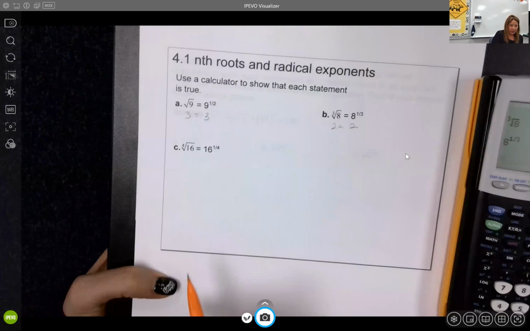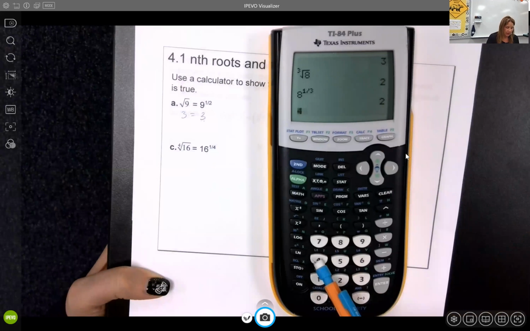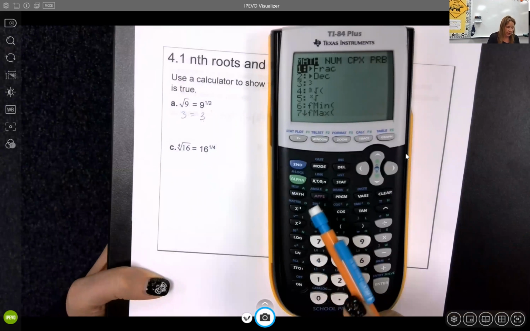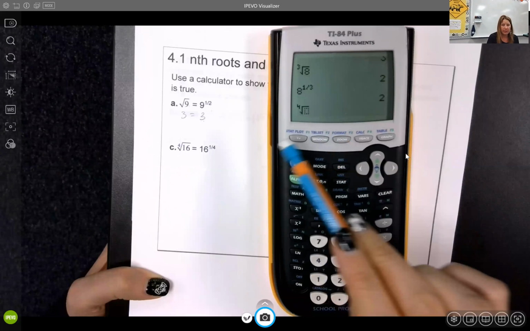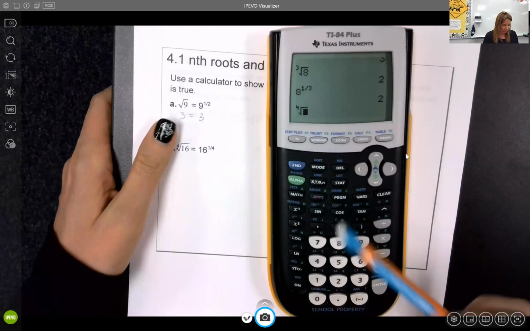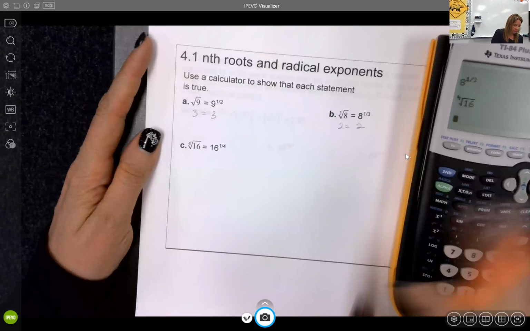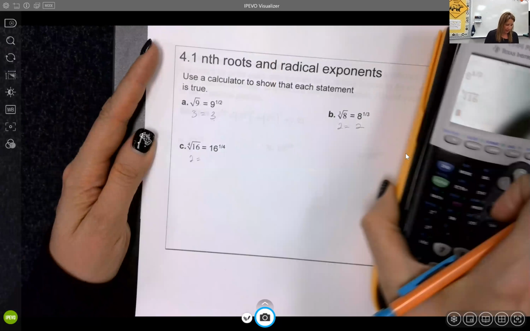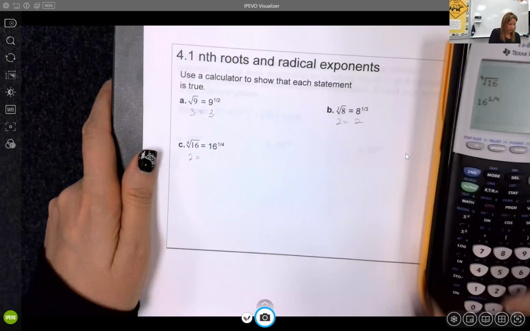If I do the fourth root of 16, on this calculator you push the 4 first, and then math, and then it's number 5 where it has an X, because it's going to put a 4 in there. On your calculator, it might not show the 4 right there, but that's what it's going to evaluate. And we get 2. And then if I do 16 to the 1/4, I also get 2.